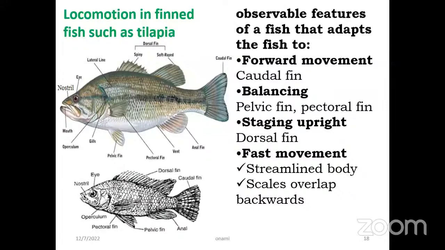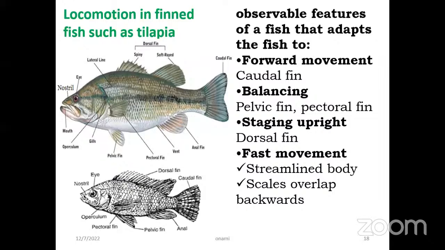Then we have the paired fins, and telling them by their name is very easy because we have the pectoral and the pelvic. If we had done the human skeleton, you know that our shoulder, where your arm connects to the body trunk, we call it the pectoral girdle, we call it the scapula.